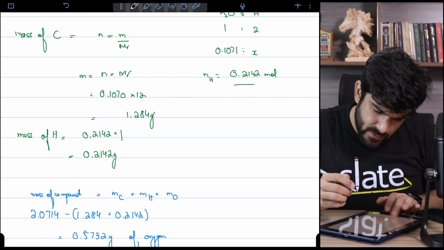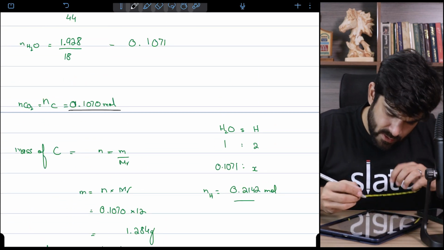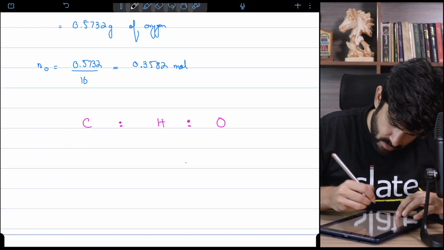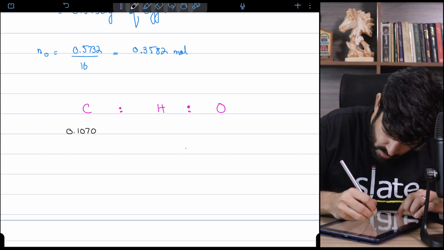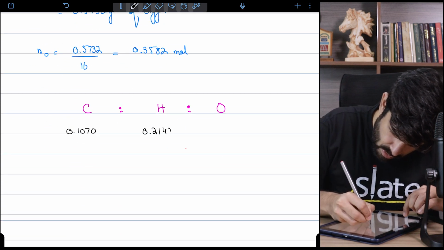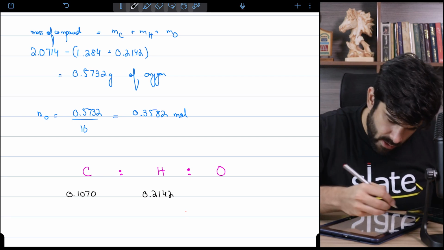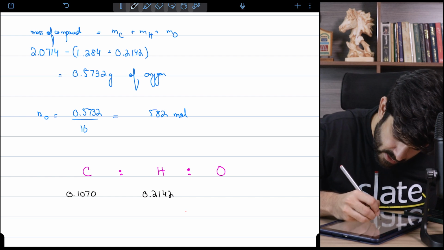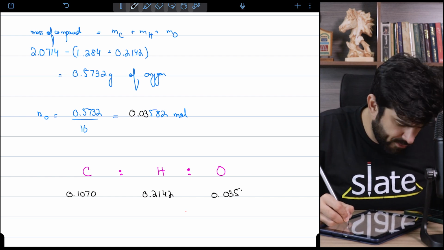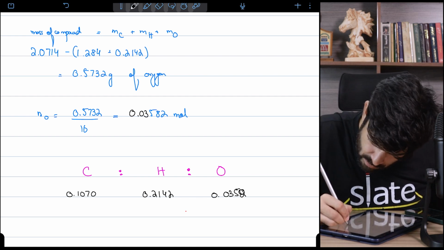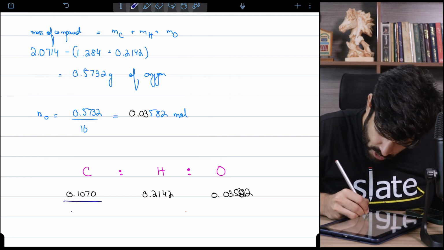The moles of carbon, the moles of hydrogen, while the moles of oxygen were, there is one extra decimal that I added, 0.03582. So obviously we divide all the values by the smallest value, which is that of oxygen.